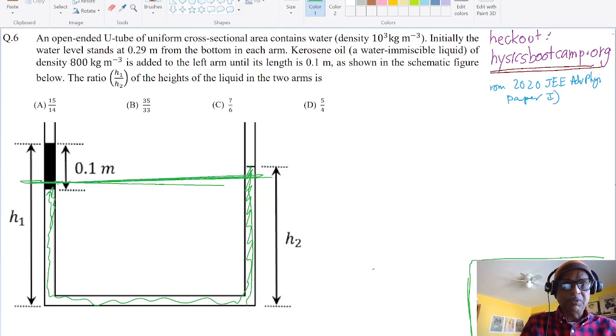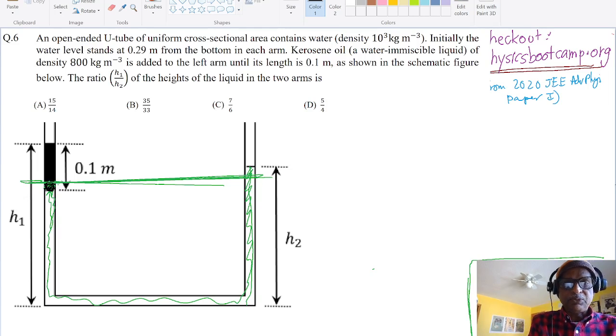So originally it was at an even level, and this used to be green over here, and this used to be green over here. Same fluid, but now this side is all the oil.